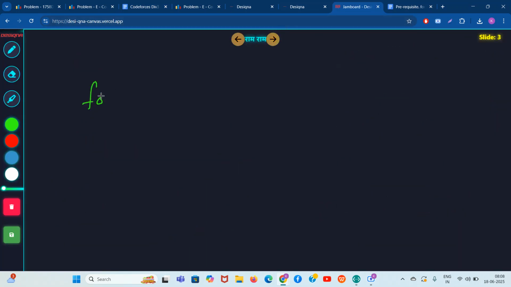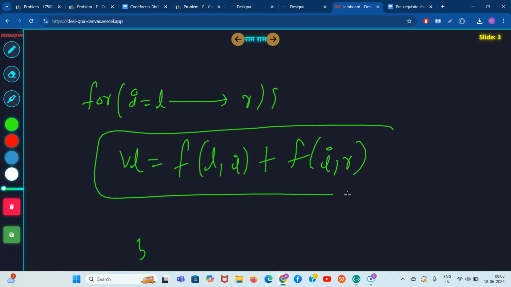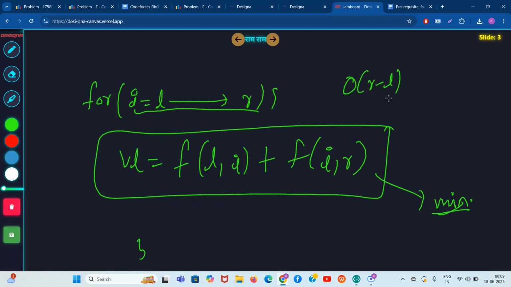I will just run a for loop with I going from L to R, and I'll find the value f of L comma I plus f of I comma R, and I will find the minimum possible value over all the i's from L to R. But this will take O of R minus L time. This is a brute force, this is very long. So how can we optimize it?